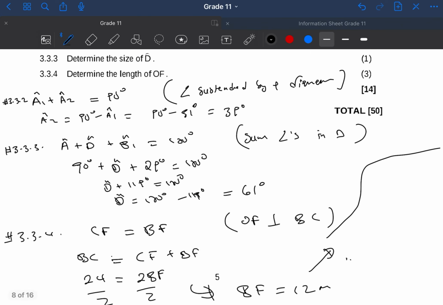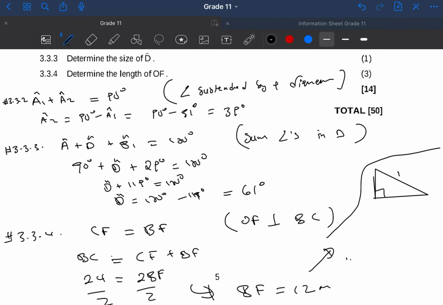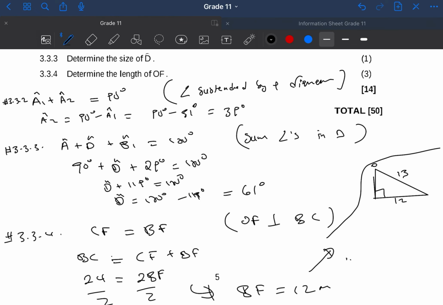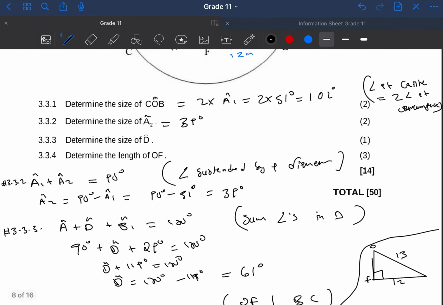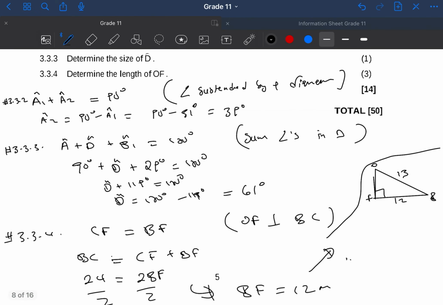So you have a triangle. Ooh, that was good. This is 13, 12. Okay, this is OF, and this is B. Okay, Pythagoras, easy. So Pythagoras says 13 squared is equal to 12 squared plus OF squared.